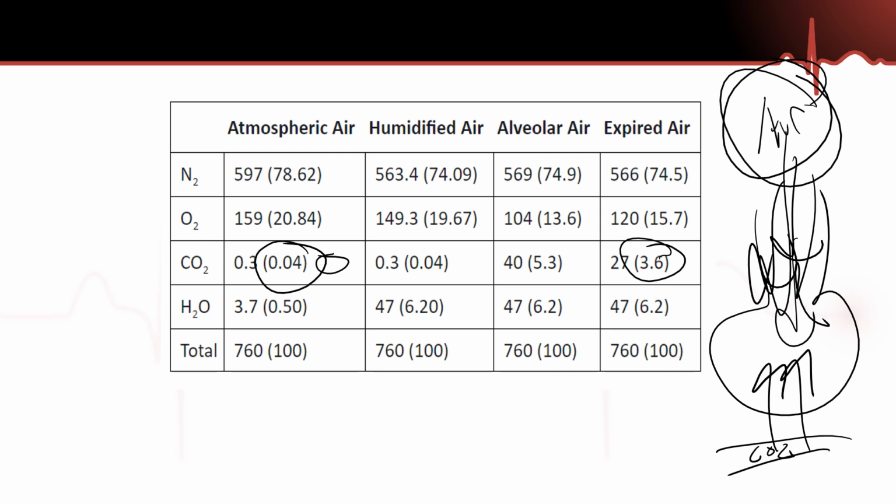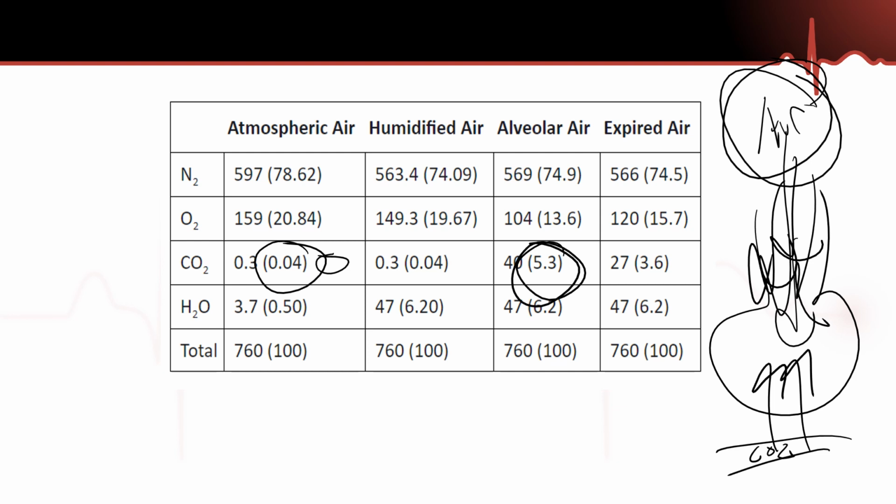Okay, take a look at this. This is the air within the alveoli. The air within the alveoli is made up of about 5% carbon dioxide.